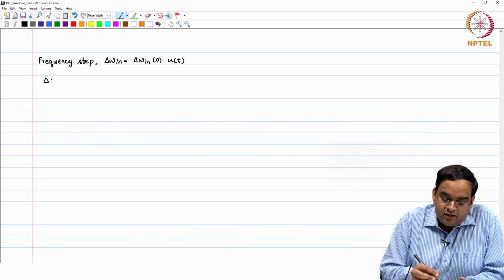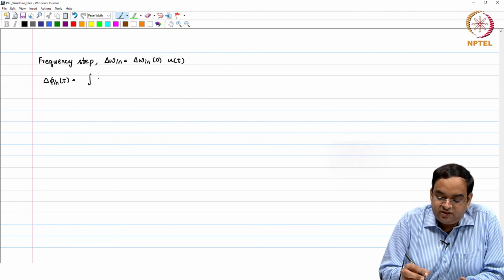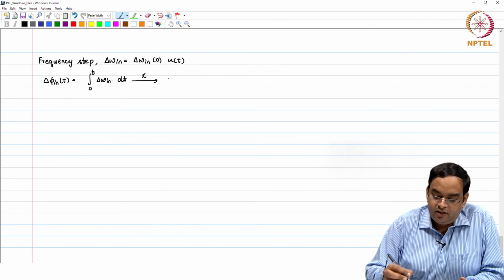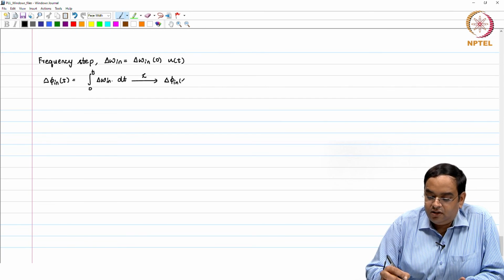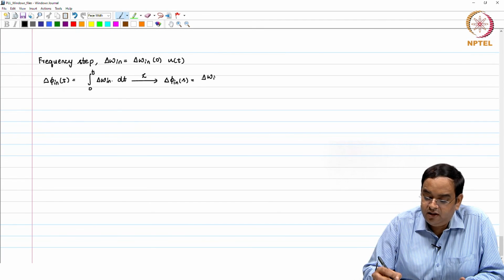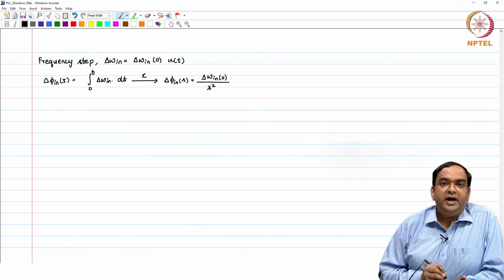We know that delta phase in for the applied frequency step is equal to the integration of delta omega n dt from 0 to t. Now, in the Laplace domain, this frequency step relates to a phase ramp as given by delta omega n 0 divided by s square.